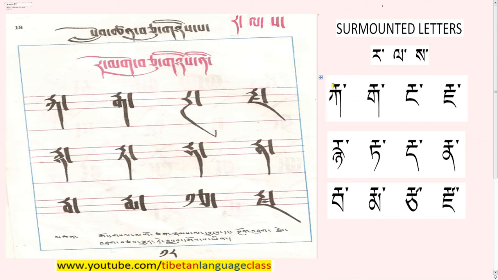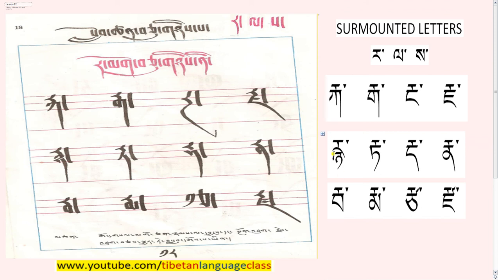As you can see, it's this little character at the top that looks like a T. That's the Rango. When it's surmounted on these letters, it becomes this little character at the top, except for this letter.